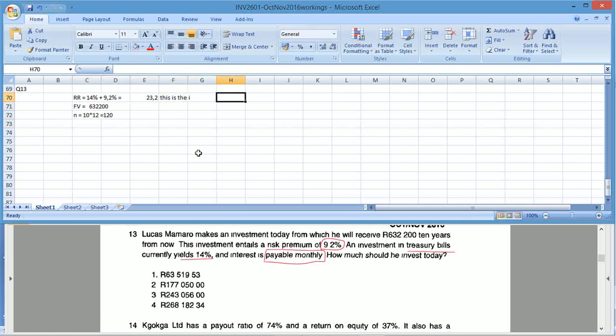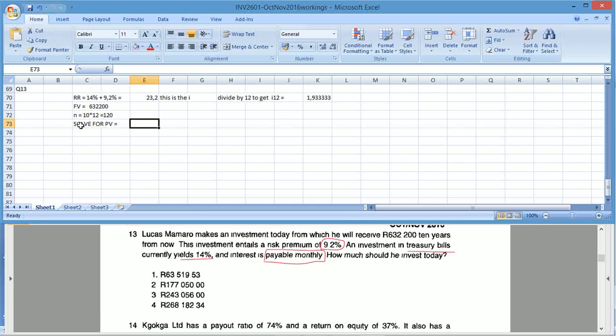Then the I here needs to be divided by 12 to get the I12. I12 is the monthly rate. So if I take this, divide that by 12, I'm going to get that, and I'm going to solve for PV.